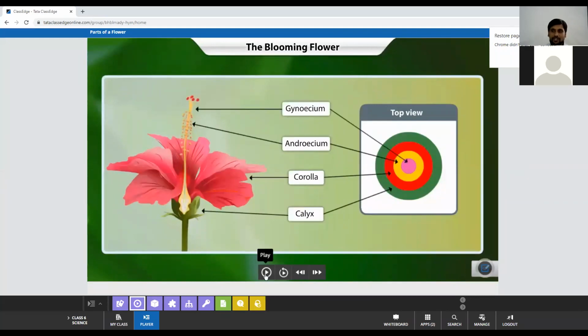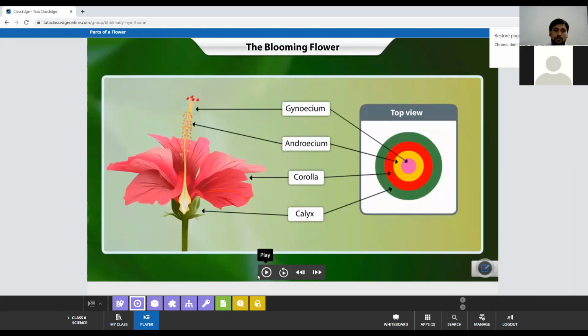So when we started discussing the structure of a flower, in this video they are giving the parts of a flower. We usually call them whorls or the floral parts. Okay, so when we start from outside to the inner side, he has given a top view here. We were discussing from the outer side to the inner side.